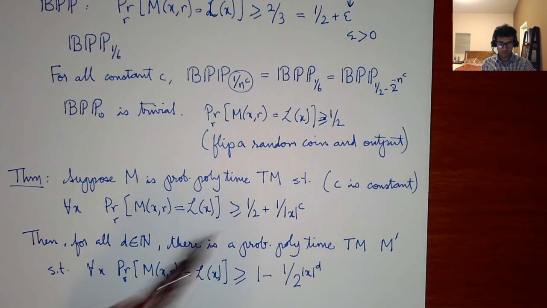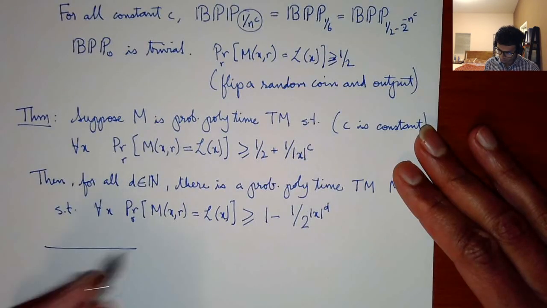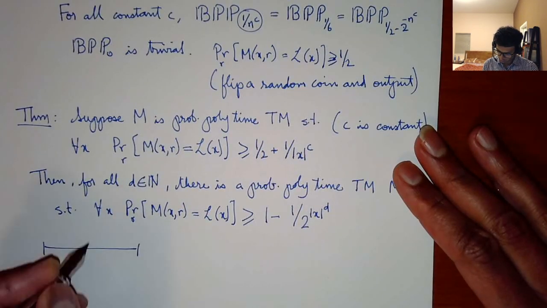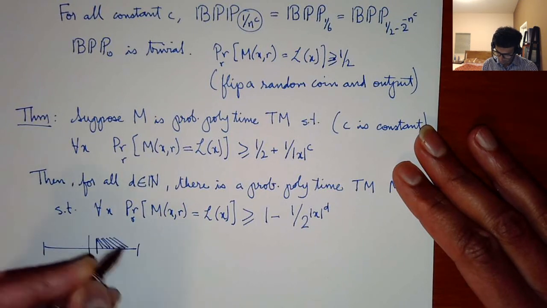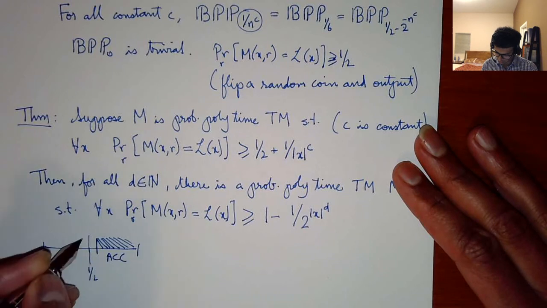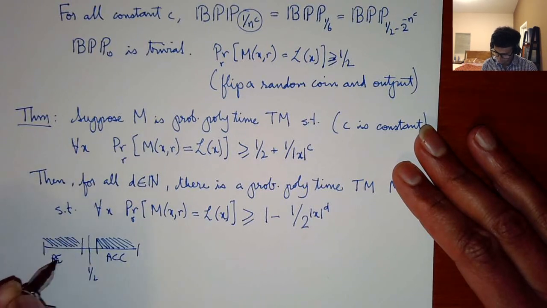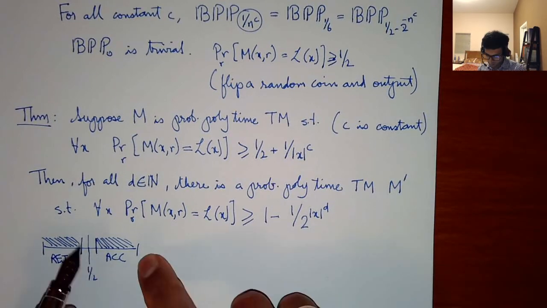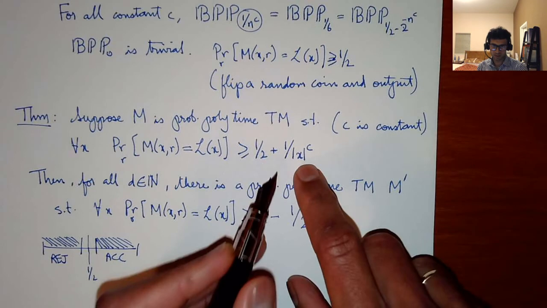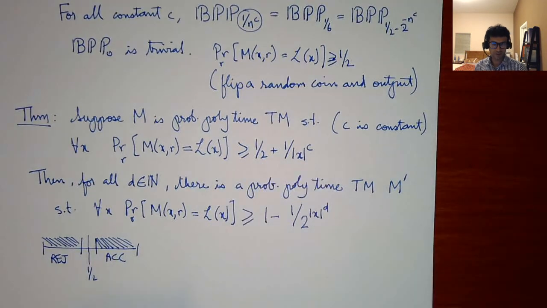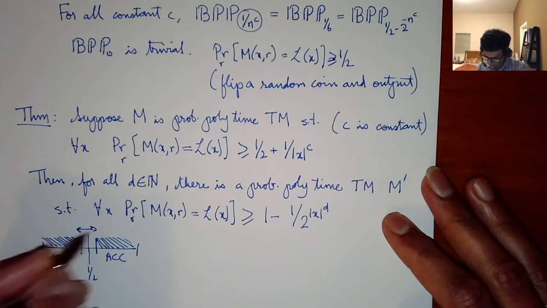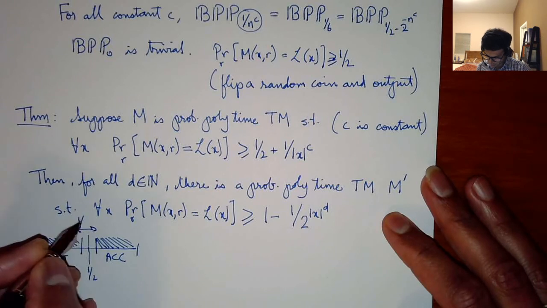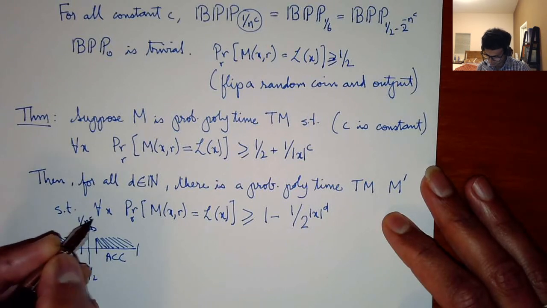So another way to think of this is you start with, okay, so here is half. And initially this is what you have, accept and reject. This is saying that the probability of accepting is here. So that's why it's half plus this, right? That's the probability of being correct. The gap over here is really small. It's 1 divided by n to the c, where n is the size of x.